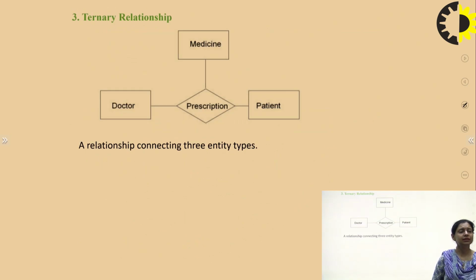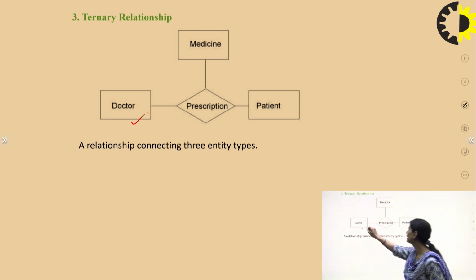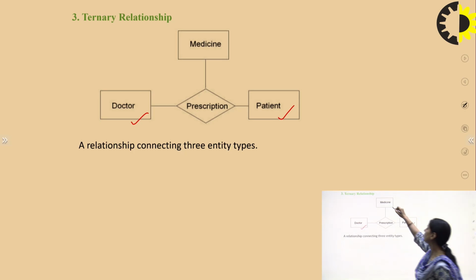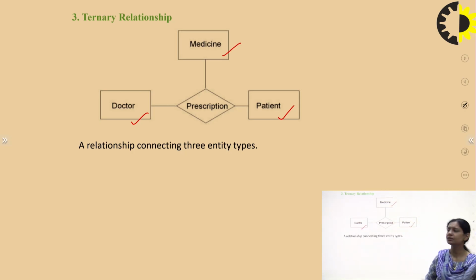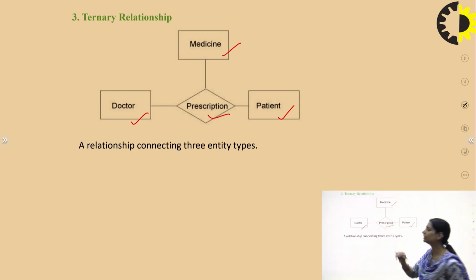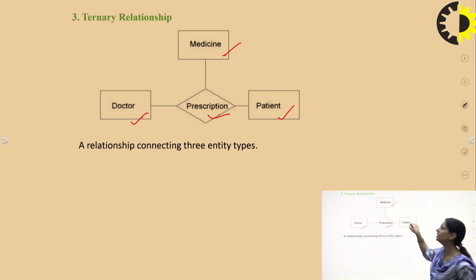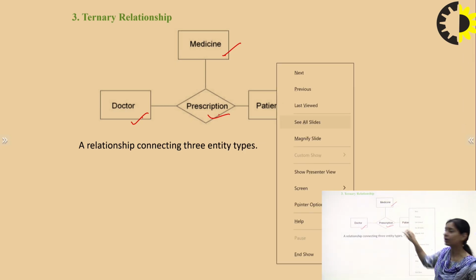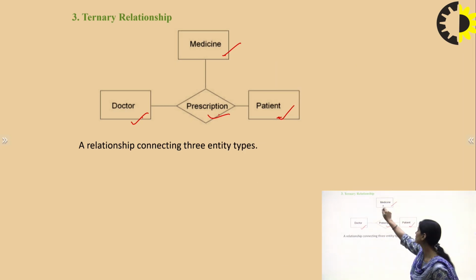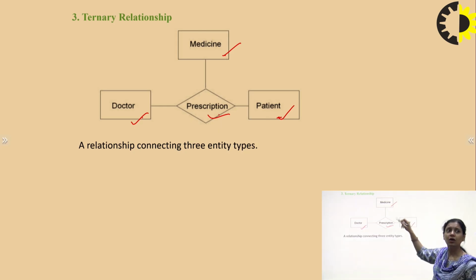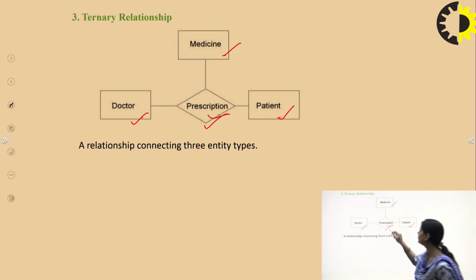Coming to the diagram, we have another diagrammatic representation where we have a doctor, a patient and medicine. These are the three entities which are related with each other through the prescription. That means a doctor can prescribe medicine to a patient. All these three entities are related to each other by the prescription relationship.